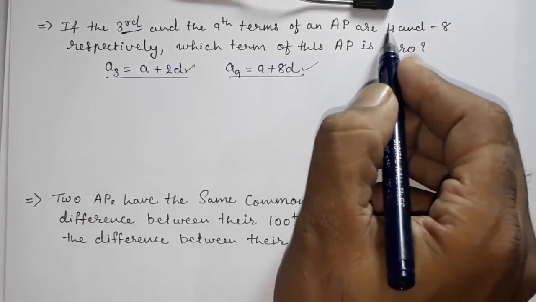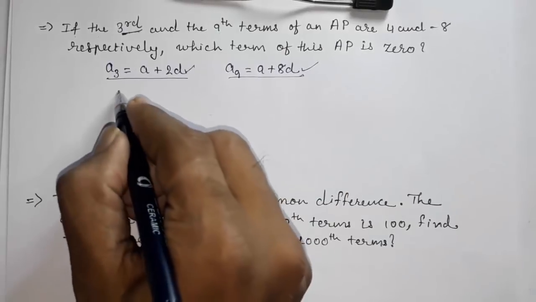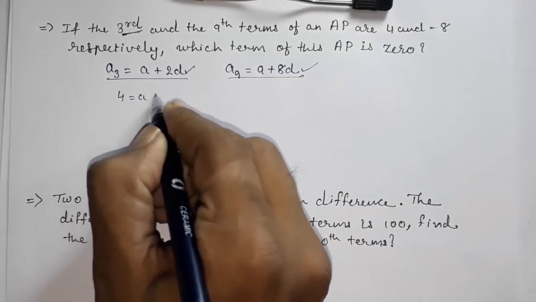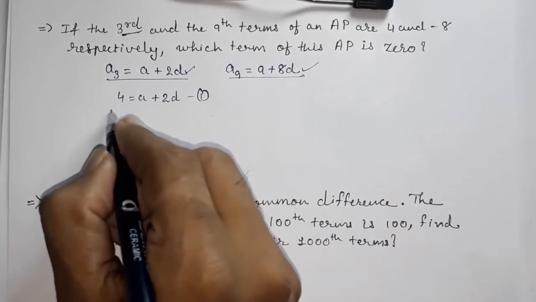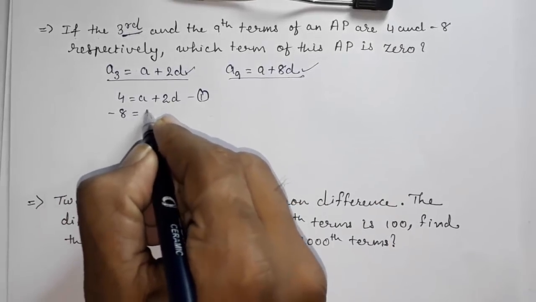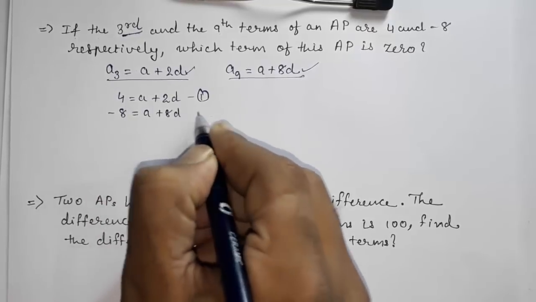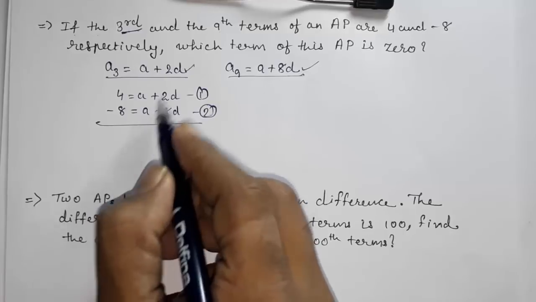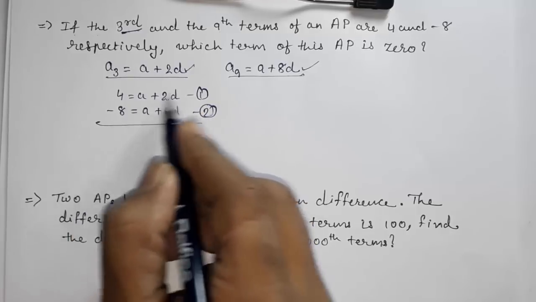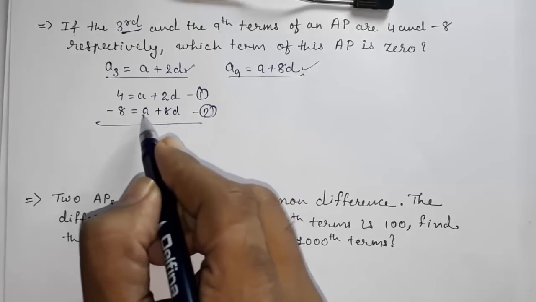So now a3 is 4, so 4 is equal to a plus 2d. This is our equation number 1. And minus 8 is equal to a plus 8d. This is our equation number 2. Now you can do elimination, substitution or cross multiplication, as it is a linear equation in two variables.